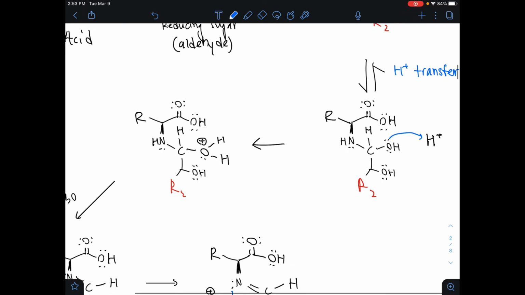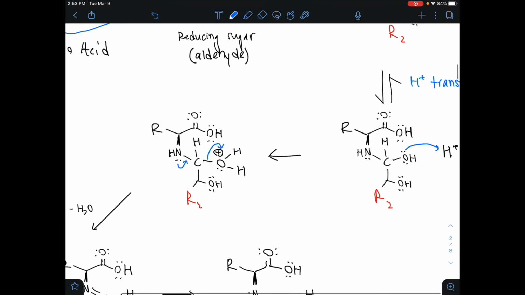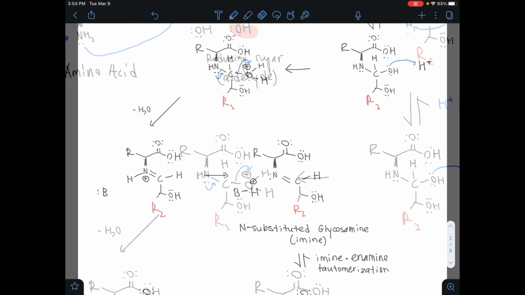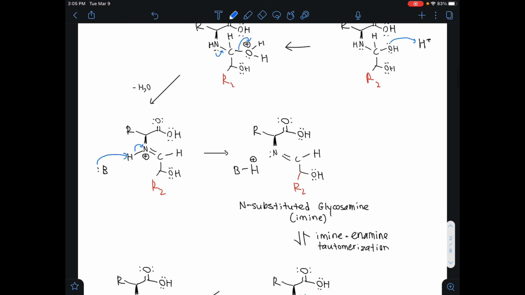Then in the subsequent step, the lone pairs on the nitrogen move towards this bond, and the hydroxyl group, now an H2O water group, gets eliminated, and the byproduct is water. Then in the next step, a base takes this proton on the nitrogen, and the electrons from the bond move onto the nitrogen, and this deprotonation forms an N-substituted glycosylamine, which is an imine.